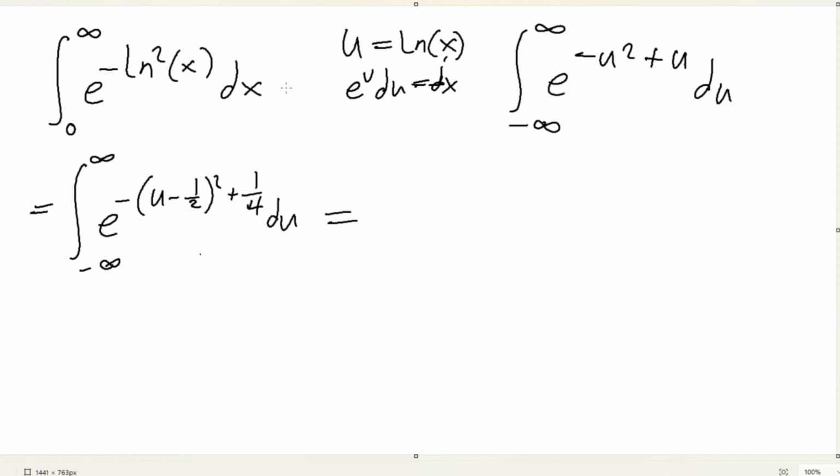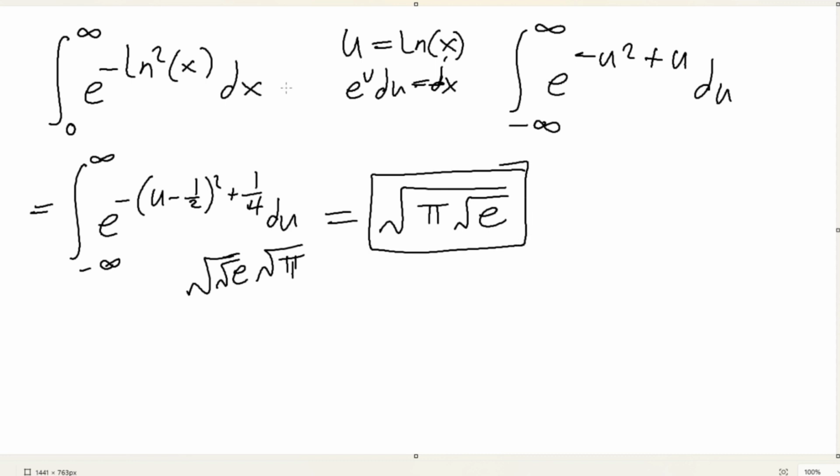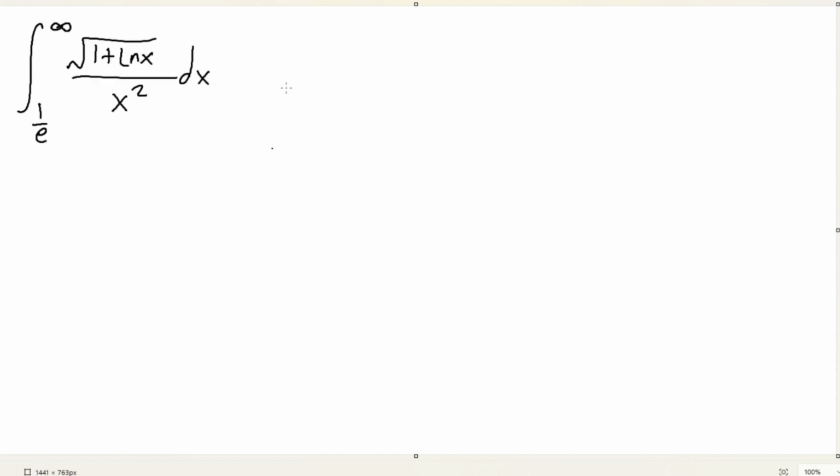You get like square root of e with square root of pi, pretty much. So the answer here is just going to be square root of pi, square root of e. I think writing it like this is a beautiful way to write it. So yeah, this would be our answer.